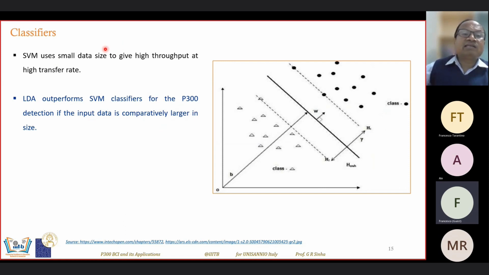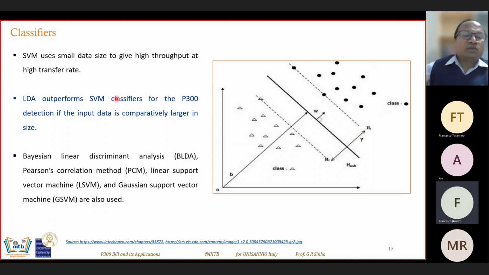So for smaller sized data, we go for SVM, but if a large amount of data is there, then we go for LDA that outperforms the SVM. Otherwise, the convergence will not happen in SVM when we apply SVM for a large amount of data. So convergence is very important. What is convergence in case of a classifier? Convergence is nothing but where further classification is not possible.